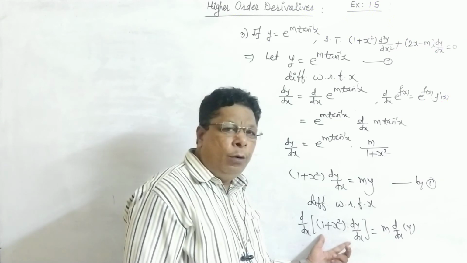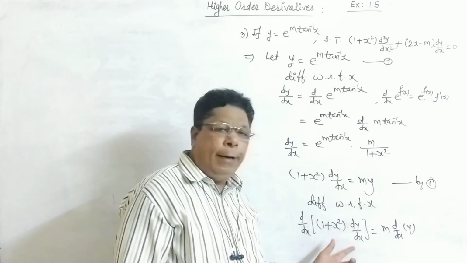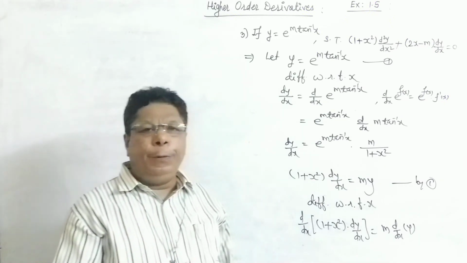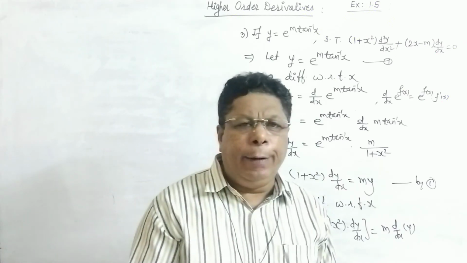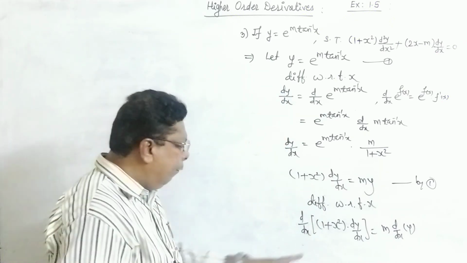What is the product rule? First function u, second function v. Derivative of uv is u into derivative of v plus v into derivative of u.